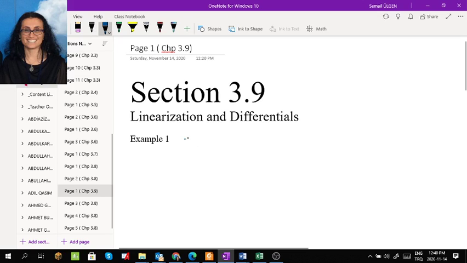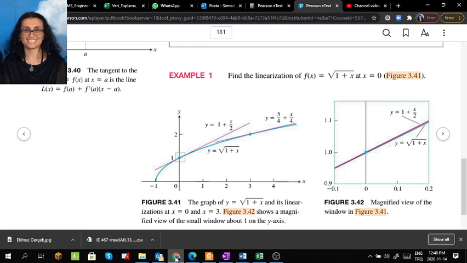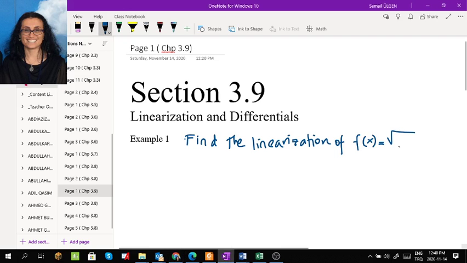Find the linearization of f of x equal to the square root of 1 plus x at x equal to 0.